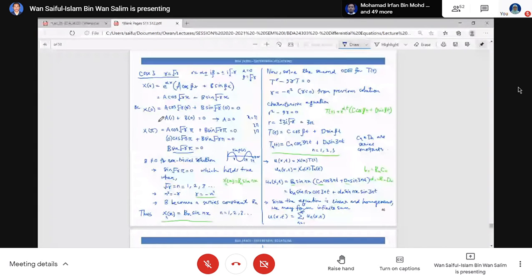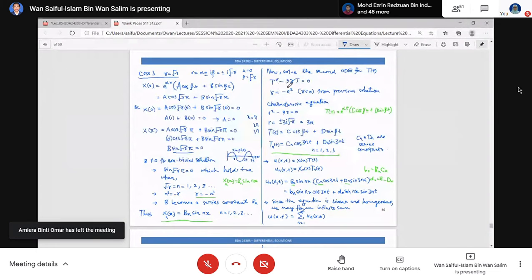We've already got the value of gamma. All right. So you go on to solve this second ODE, with gamma already known, gamma equals to minus n squared. Right. So to solve this, we again find the characteristic equation.